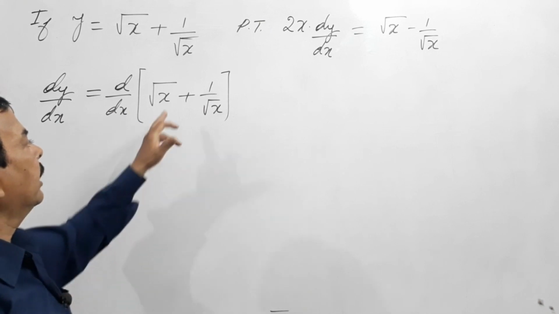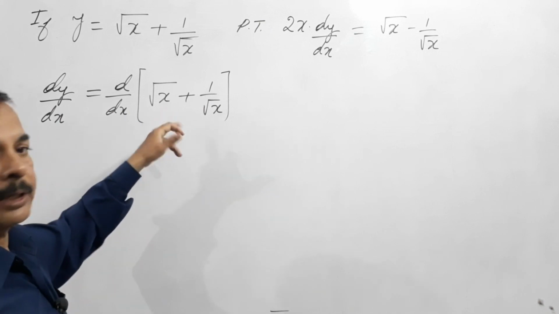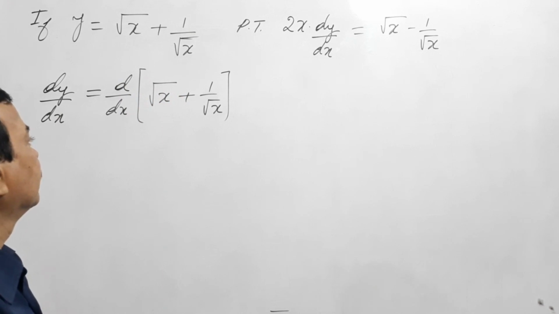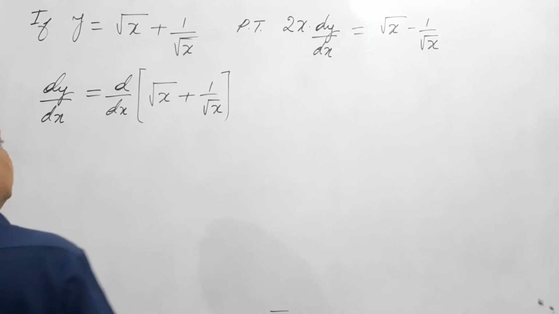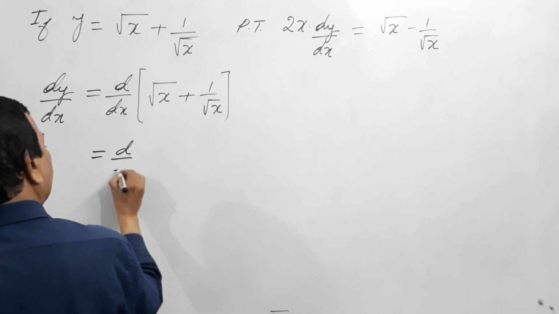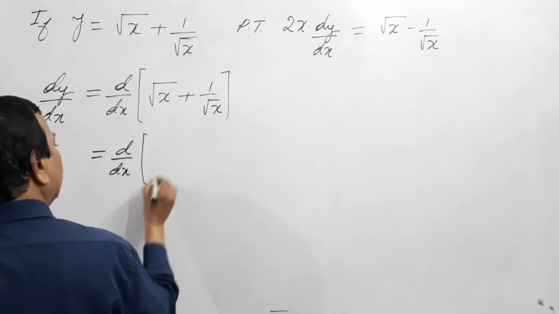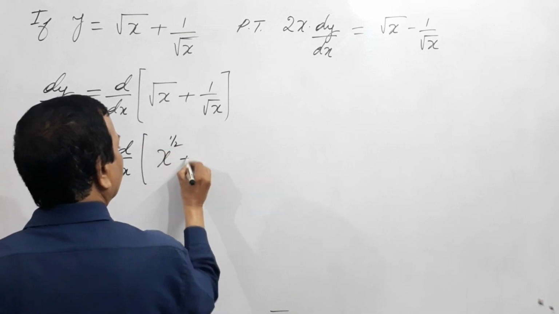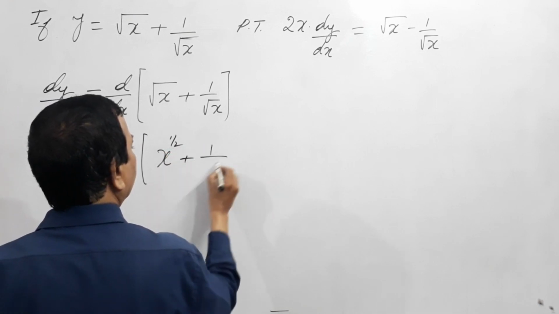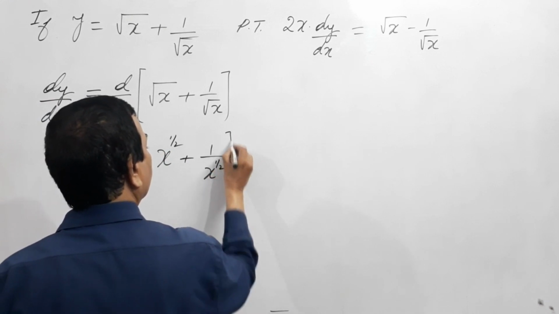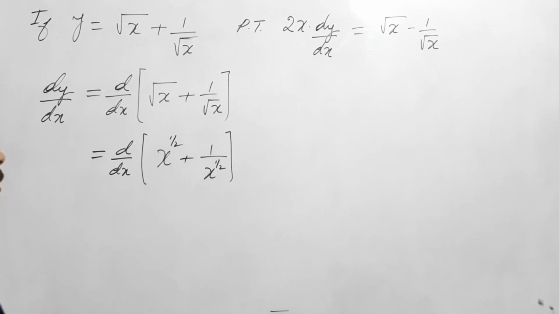What I will do is I reduce this to, what is root x? x to the power of half, can I write like this? Okay. So this is nothing but d by dx of x to the power of half plus 1 by under the root x, which is x to the power of half in the denominator. Done?